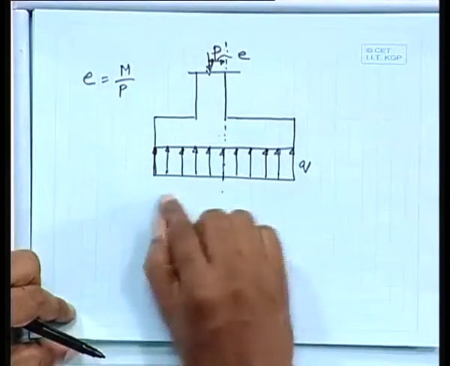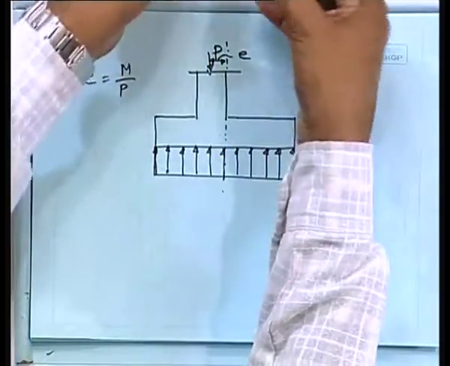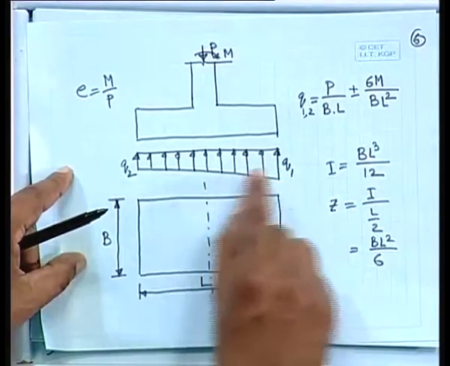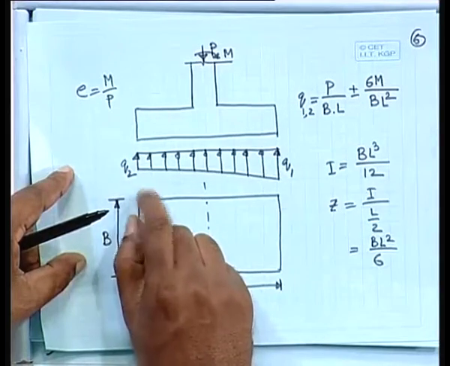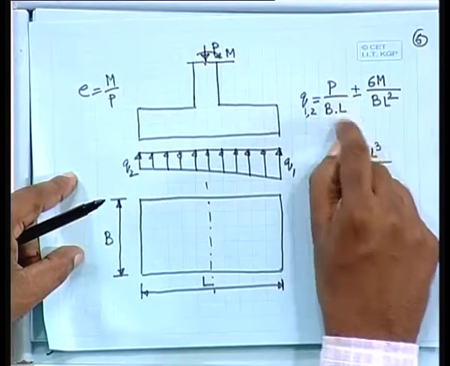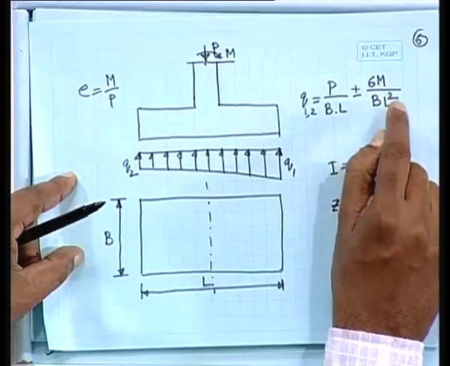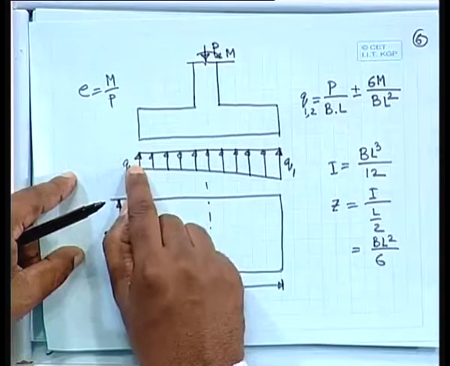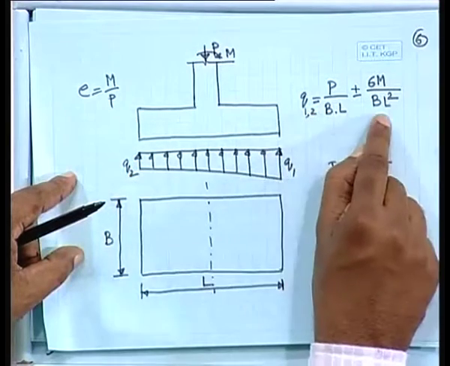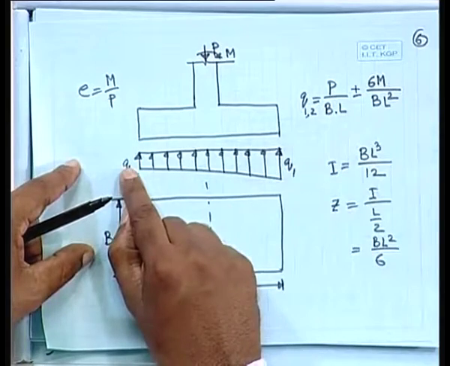In this case we are getting uniform soil pressure, whereas in the other case, the one I have told, we are getting maximum on one side, less on the other. So if we get P by BL plus minus 6M by BL square, in one case it may happen that I shall get this side 0, that Q2 equal to 0, depending on the value of E.